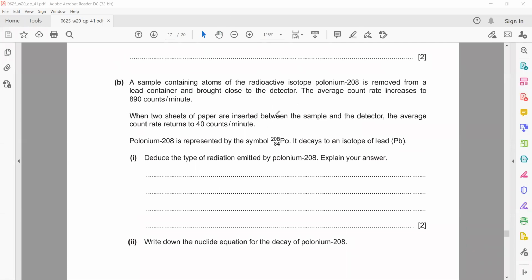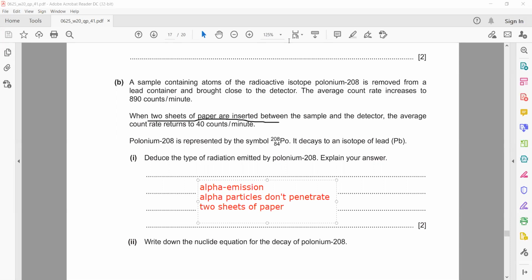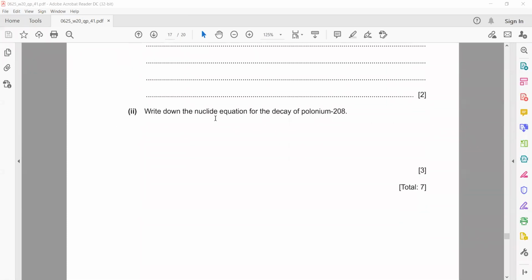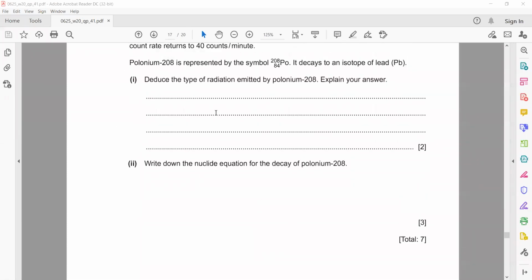And how can we conclude which radiation is emitted? We place two sheets of paper. Alpha particles cannot penetrate through paper, or paper can stop these alpha particles. That's why we conclude that this was emitting alpha. And write down the equation for this decay of polonium. So what will be the equation?